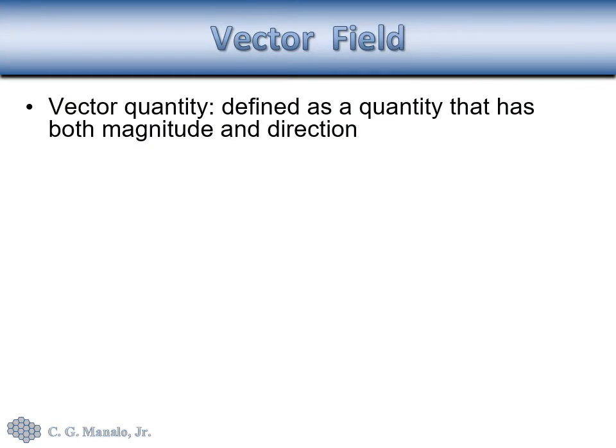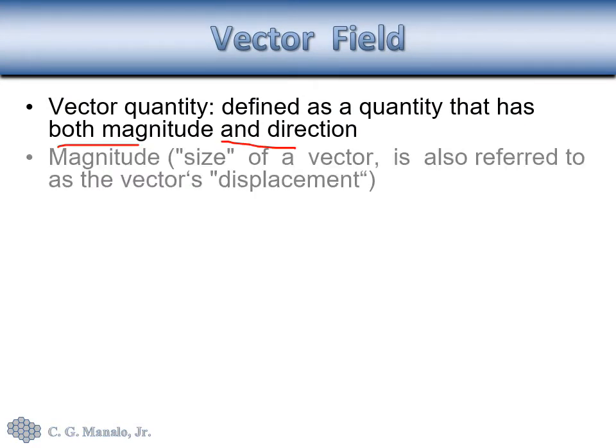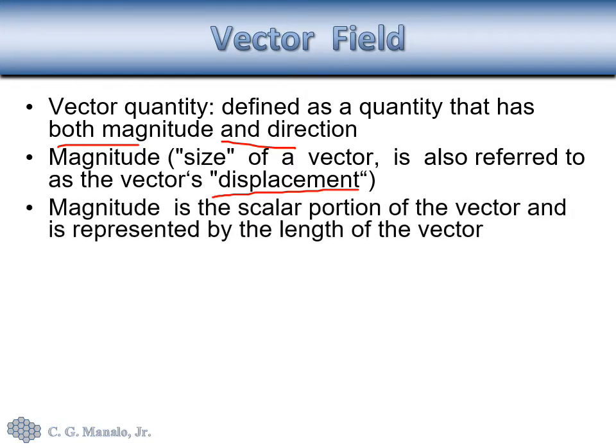So a vector quantity has both a magnitude and a direction. Now sometimes the size or the magnitude of a vector is also referred to as the vector's displacement. The magnitude is also considered the scalar portion of the vector and is represented by the length of that vector.